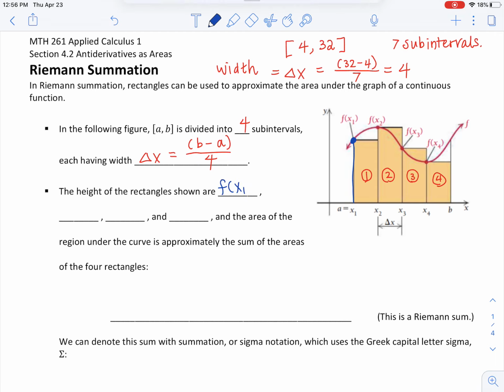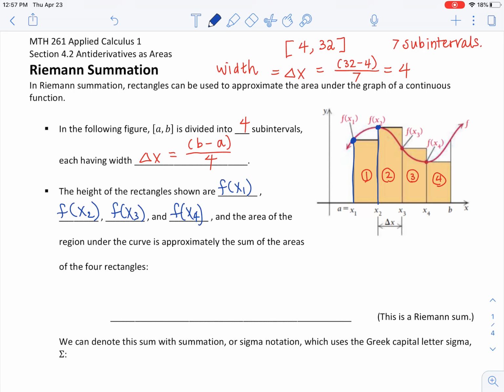I mean, height is from 0, this point, all the way up there. And this point right there, the y, that's simply the y value of this function. So the height of the rectangle for rectangle number 1 is f of x of 1, the first y value of this x value, and then the height of the second rectangle is going to be f of x of 2, and so on, right?